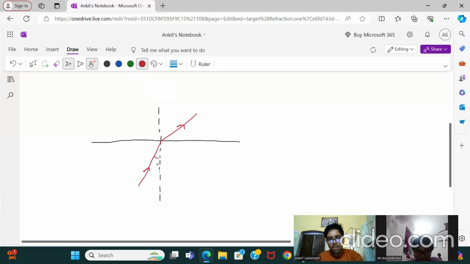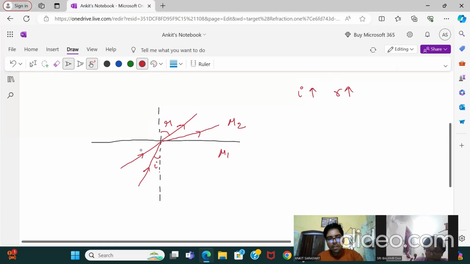This is the angle of incidence I. This is mu1, this is mu2, and this is the angle of refraction. So if this I increases, then R also increases. If I again increase this value of I, then this R also increases. Clear?